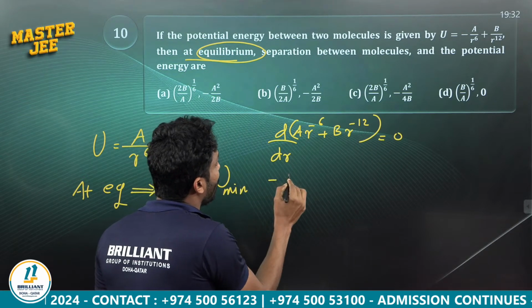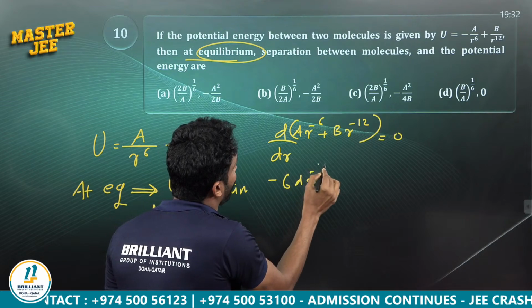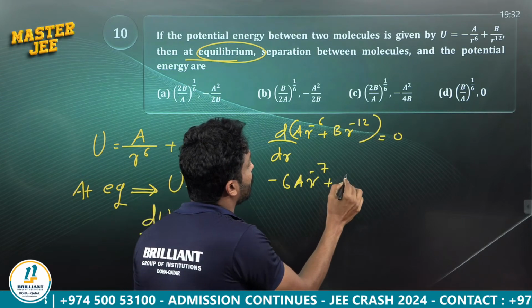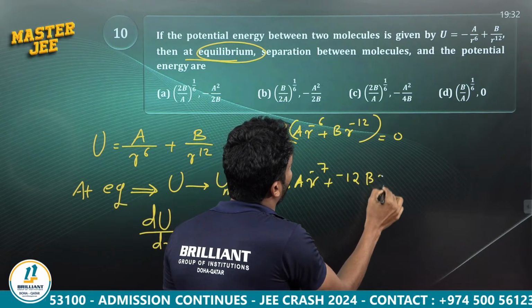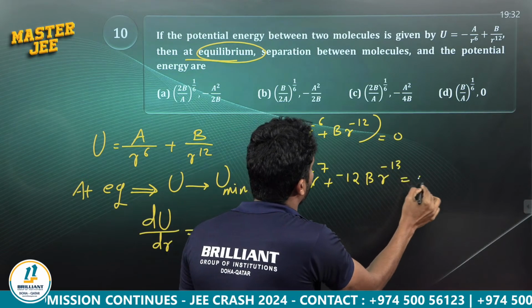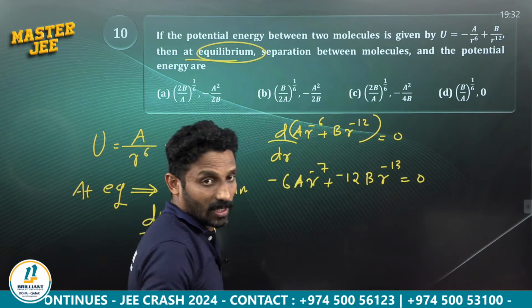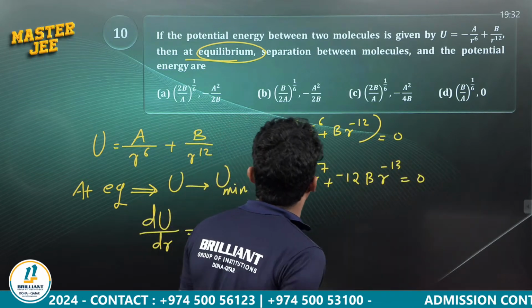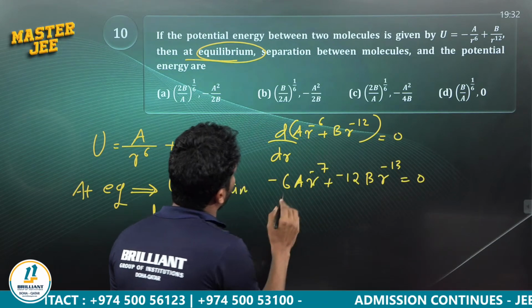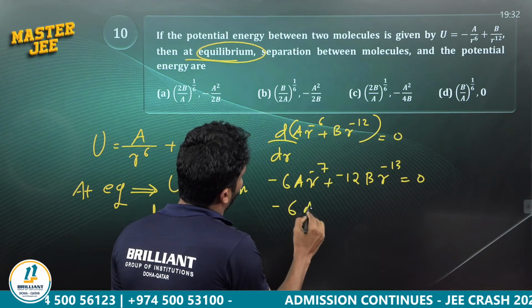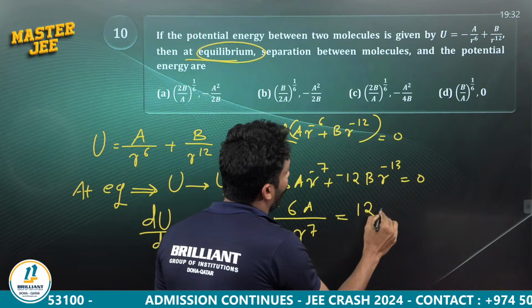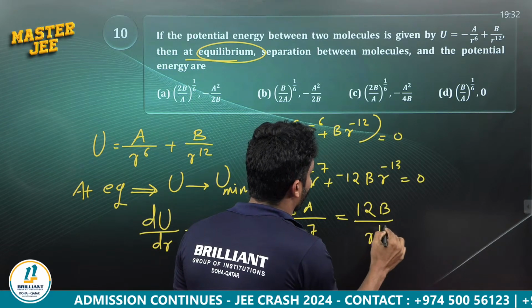This is minus 6A R raised to minus 7 plus minus 12B R raised to minus 13 is equal to 0. Taking the negative term to the other side, we get minus 6A divided by R raised to 7 is equal to 12B divided by R raised to 13.